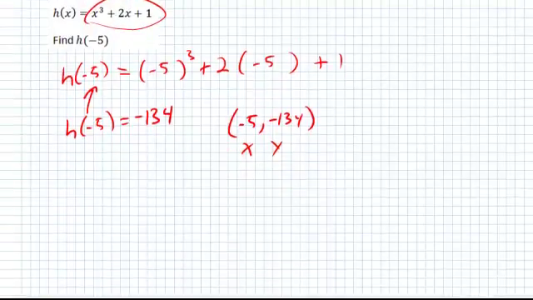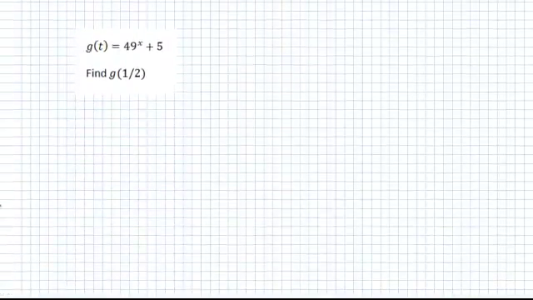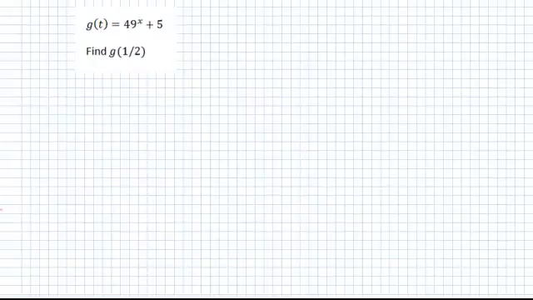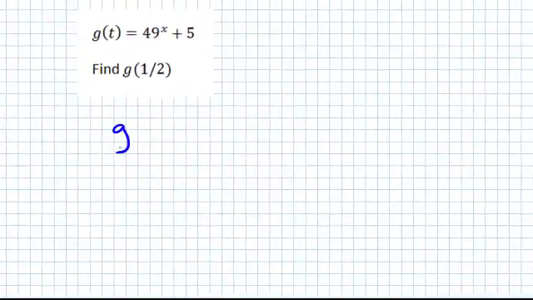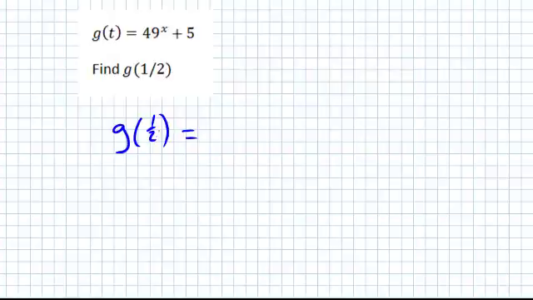Let's try another one. This one looks more complicated, but it's the exact same idea. I'm going to take my equation. It's going to be g of 1/2 equals, wherever I see an x, I'm going to put a parentheses. So 49 raised to something plus 5. What does it raise to? 1/2.